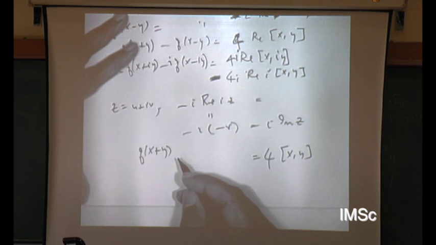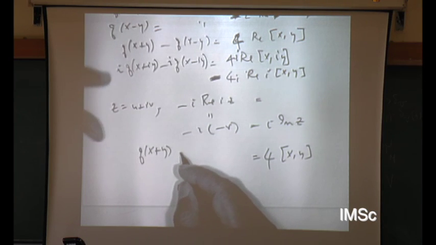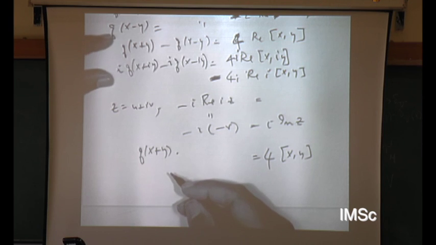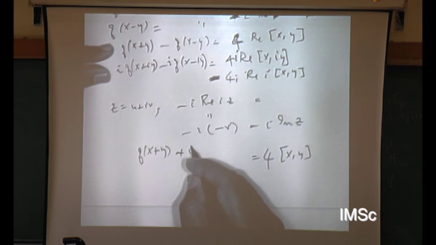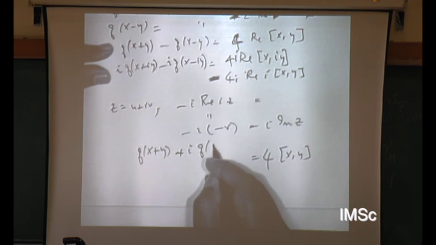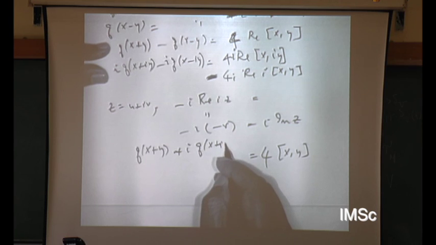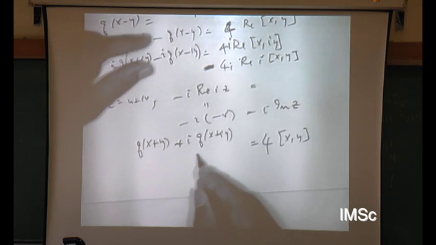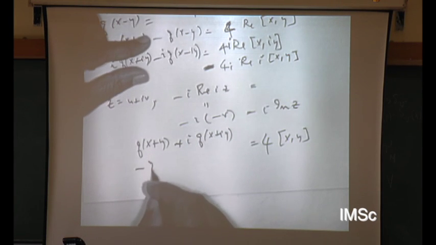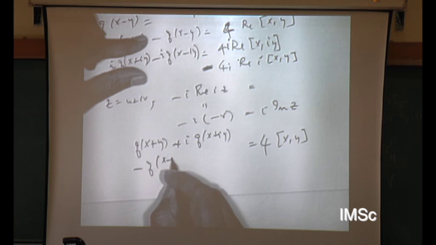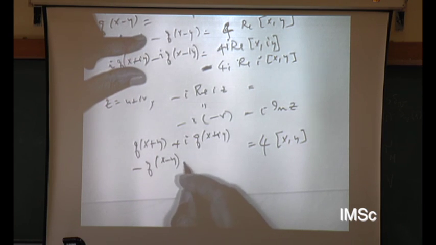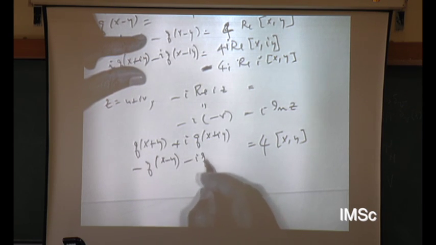I'll write it in a different order. Minus, we added these, right? So plus i times q of (x plus iy), minus q of (x minus y), minus i times q of (x minus iy).